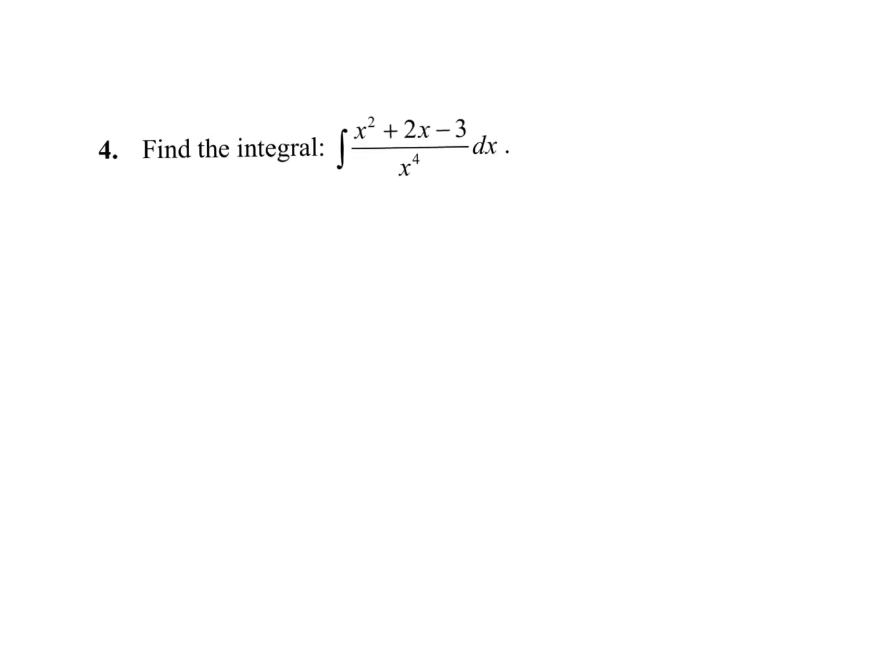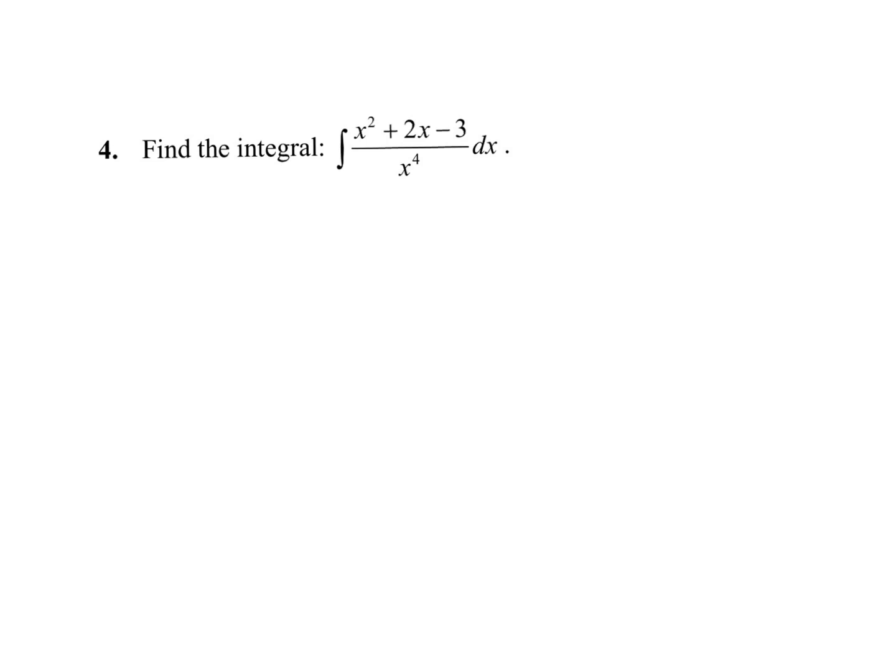Okay, to do this new problem, what will I apply? The first thing is I can split the numerator, so it will be x squared divided by x to the power 4, plus 2x divided by x to the 4, minus 3 divided by x to the power 4. I split the numerator, and the antiderivative of this function f of x is the sum of the antiderivatives of each component of the function.